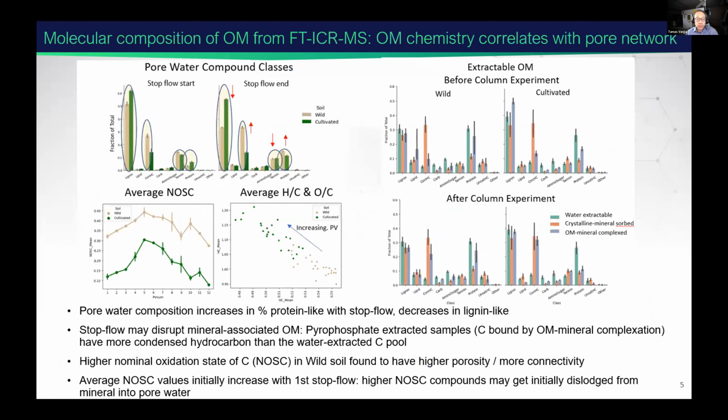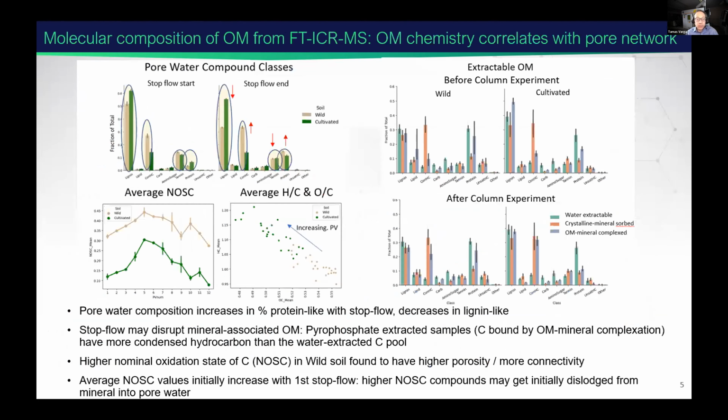At this point, I only have a comparison for 2 of the soil types we did. These are the arid, alkaline soils from Prosser, Washington, and we compared a wild and a cultivated plot. So these are 2 different soils in terms of their pore scale structure and organic content.